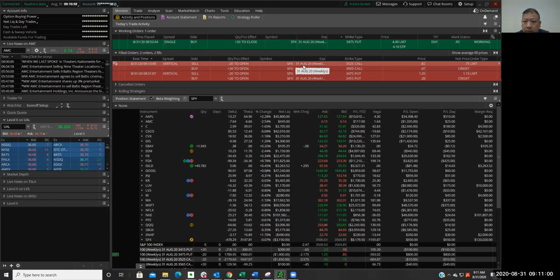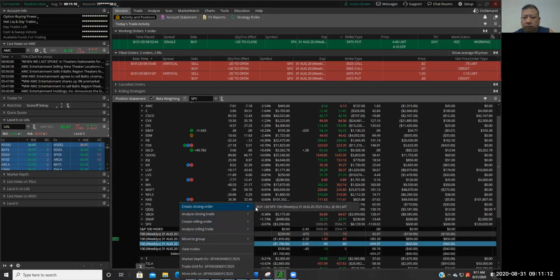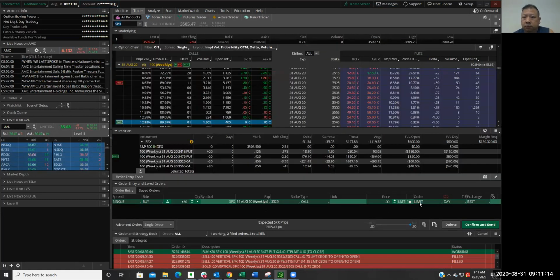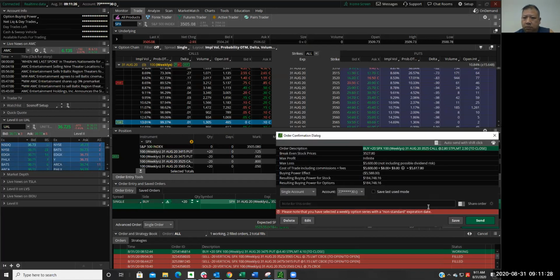If I take 82 cents and multiply it by 3, it's 246, so I'm going to round up to 250 on those calls. Then I'm going to create a closing order and select stop limit. I'm going to put my bottom number at 250 and my top number at 280, and so those calls will be set.